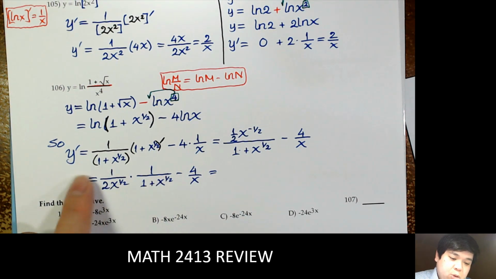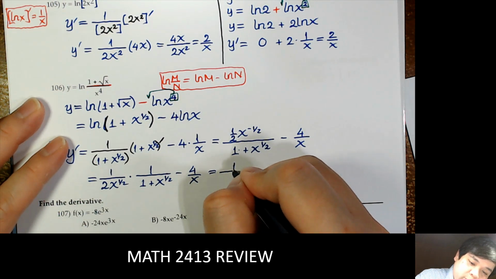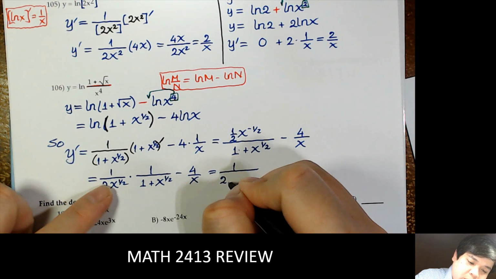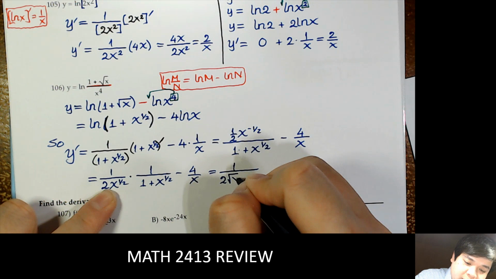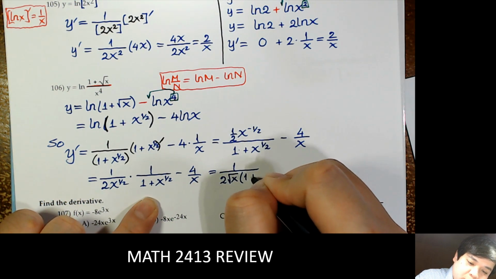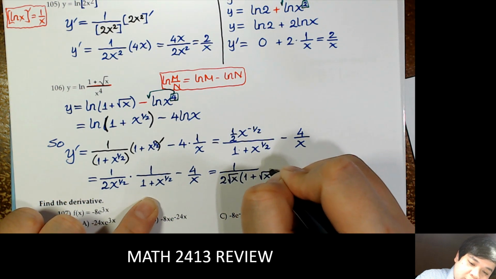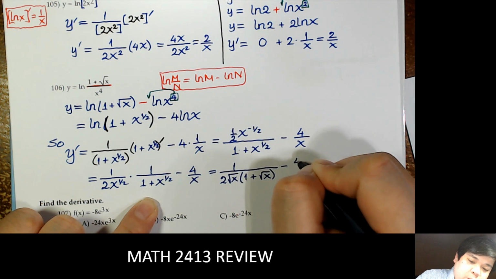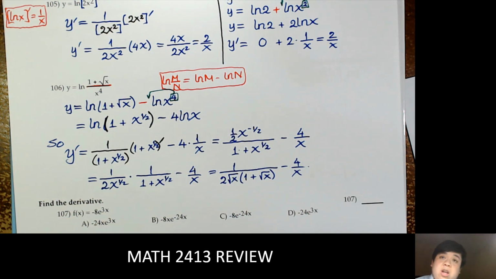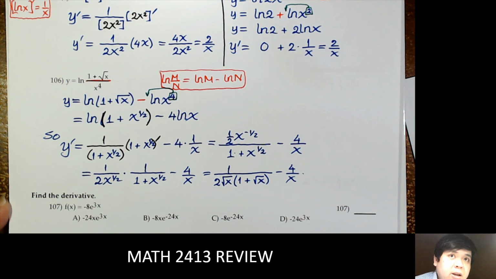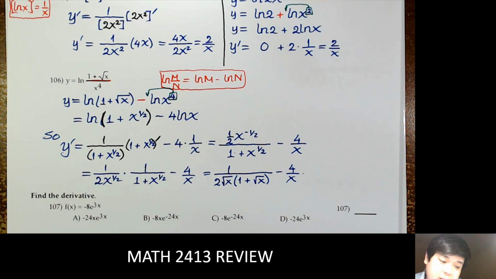Then multiplying straight across, we have 1 over 2 x to the 1/2. Let's write square root of x, and then 1 plus square root of x, minus 4 over x. We're going to stop at that step because that is the derivative.